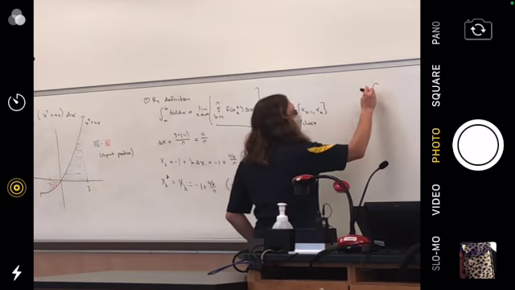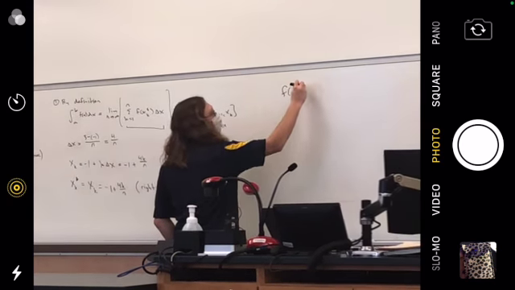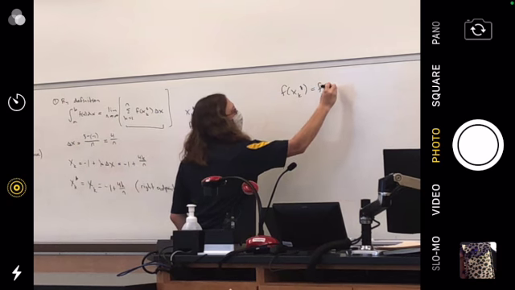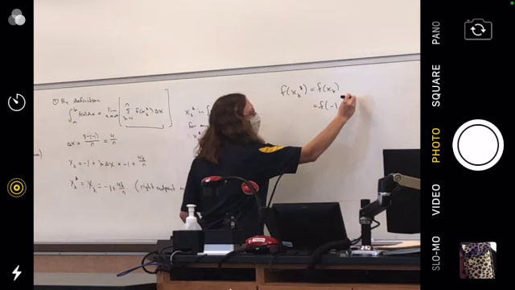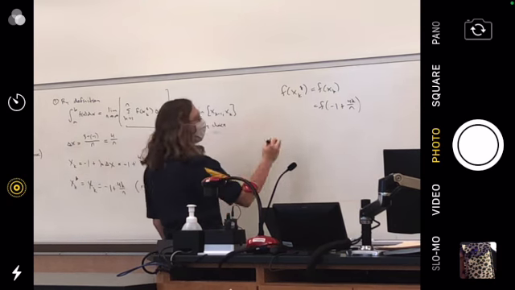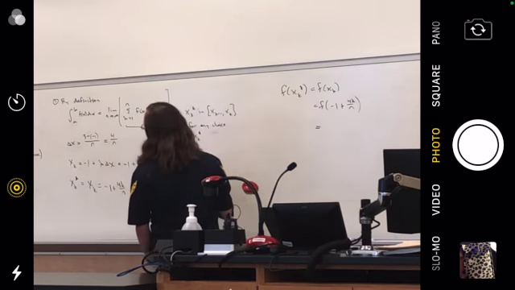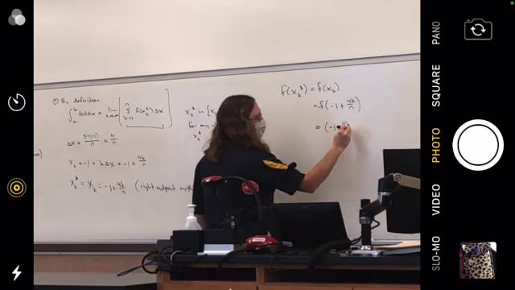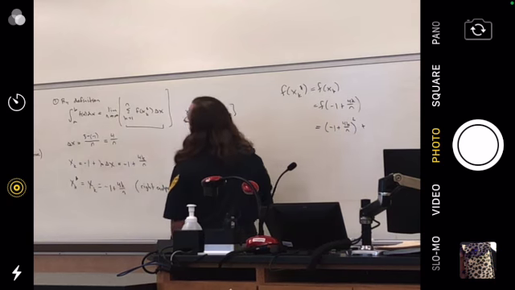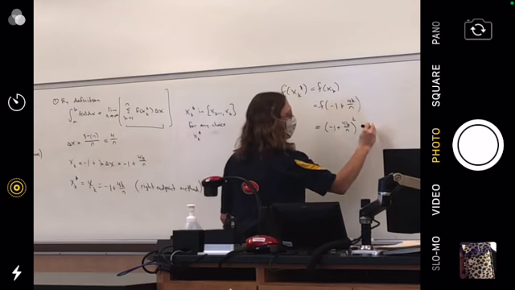Alright, so then what is f of xk star? That's the same as f of xk. So f of -1 plus 4k over n. So what is that? x squared plus 4 times x.